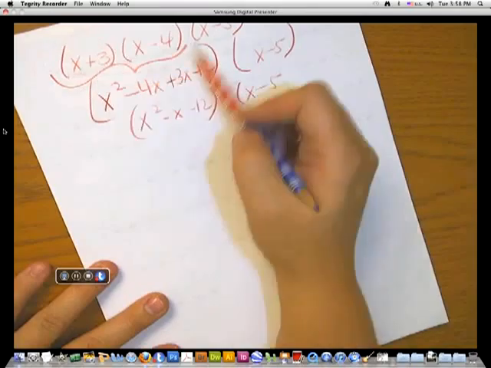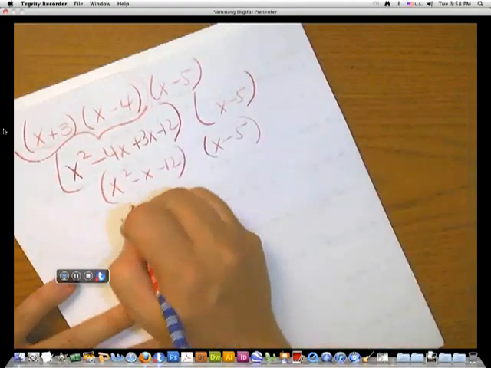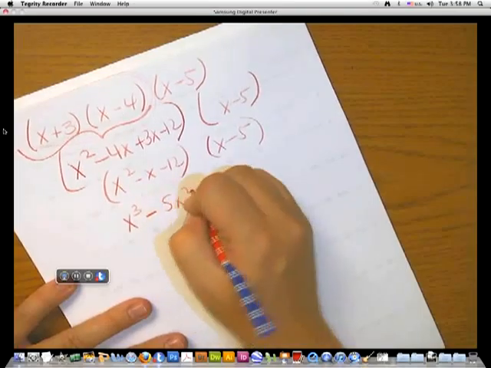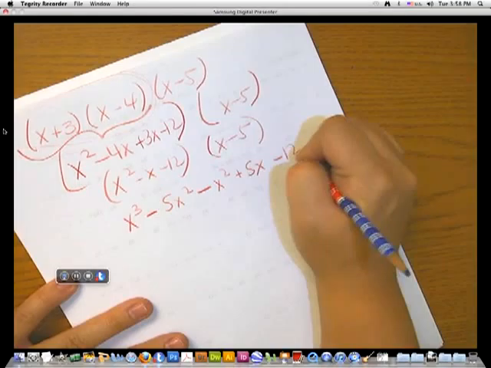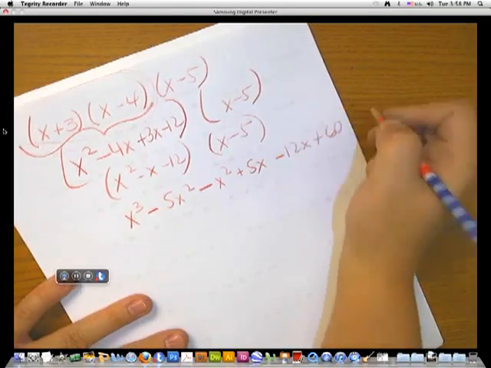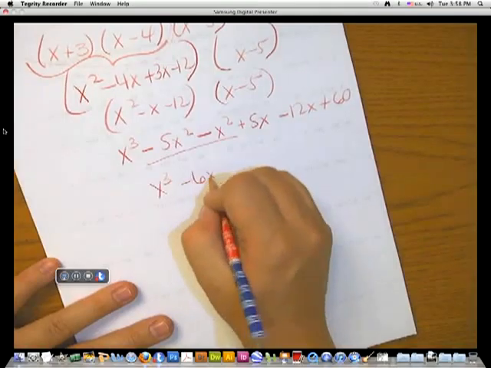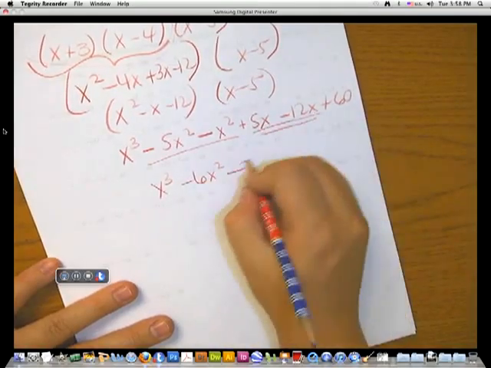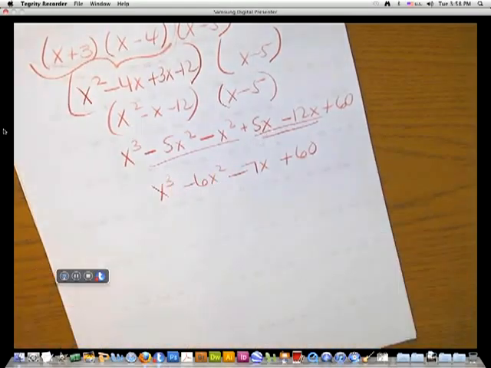But you can only multiply 2 at a time. Then you distribute to get to the third one. x cubed, 5x squared, watch your signs. Combine like terms. Make sure everything's in order, highest power to lowest power.